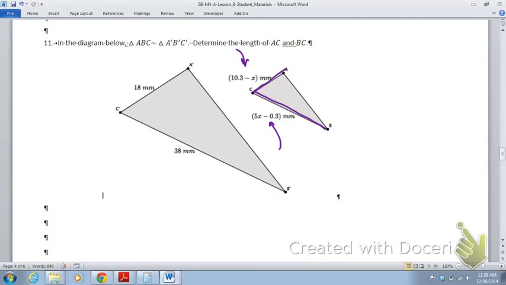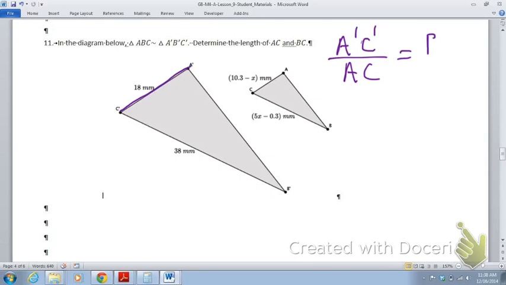So I know some things about similar triangles, and so I'm going to use that so we can write these ratios. So we could say that the ratio of A prime C prime to AC is the same as B prime C prime to BC.